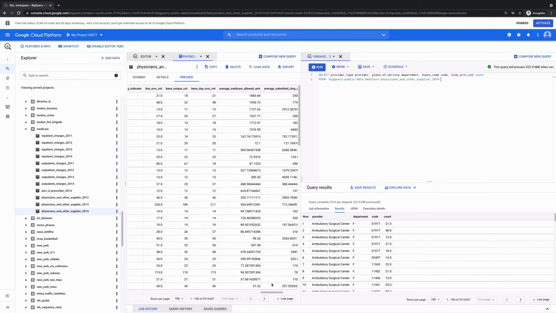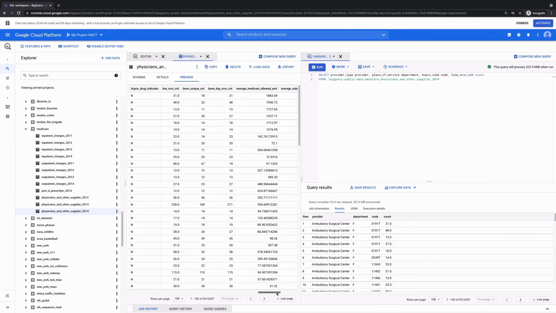Basically, we would like to add an extra column, and in this extra column, we would like to calculate the addition of the Benny unique count and the Benny day service count.